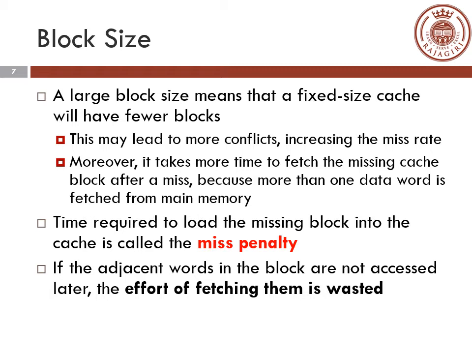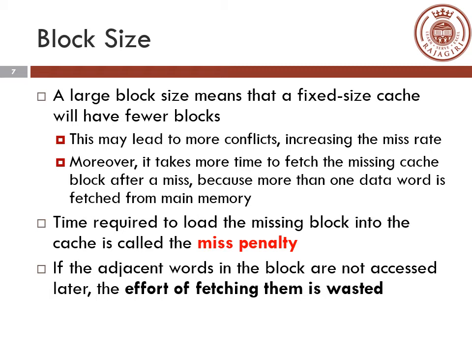And one disadvantage of this large block size is that when a miss happens, you are going to load the data from the main memory to the cache. If the block size was one word, you just need to load only one word from the memory.